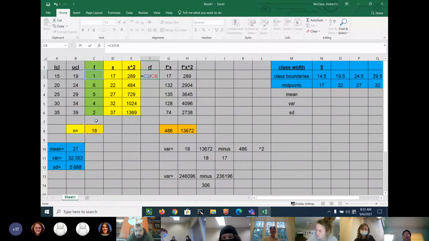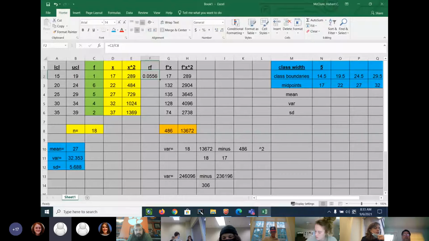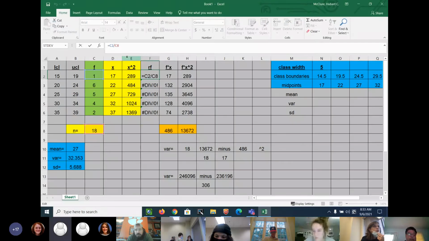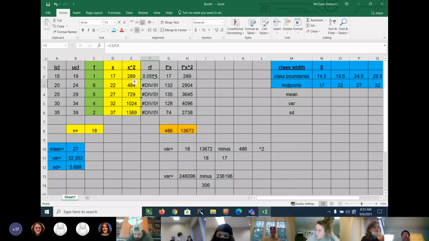Somebody tell me what relative frequency is a fancy word for. Percent. Nobody's going to tell me? Percent. 4%. Thank you. And it should equal 1. There we go.